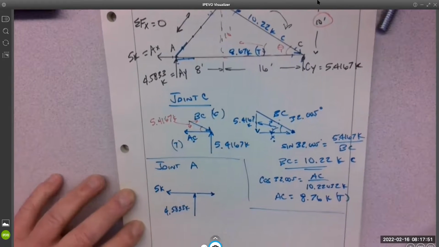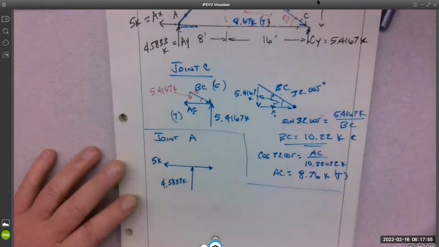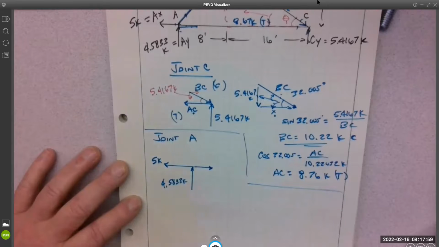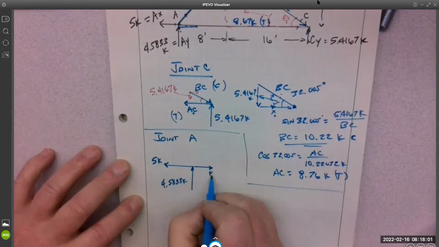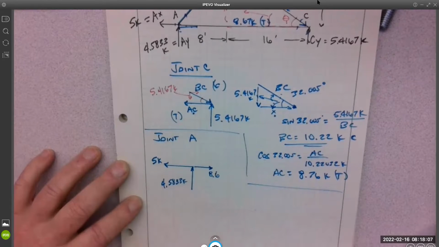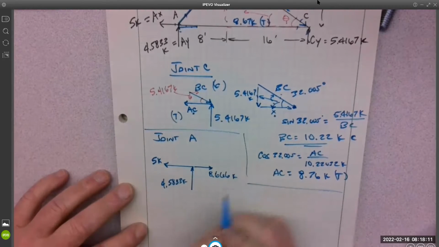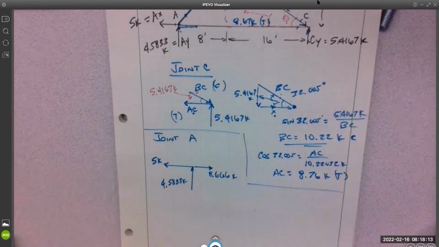It's in tension, it points away. We know it's 8.67. Oh, I lost that number. Anyone have the unrounded number? 8.666. Okay, that's good enough. Morning, Junior. Awesome.